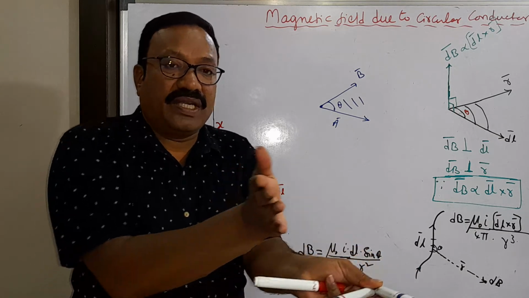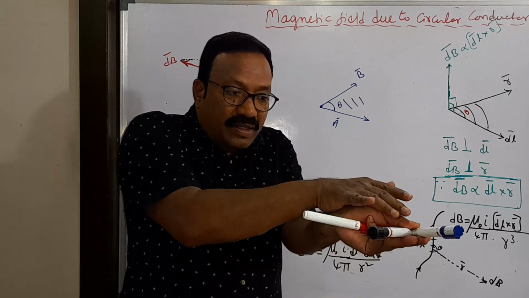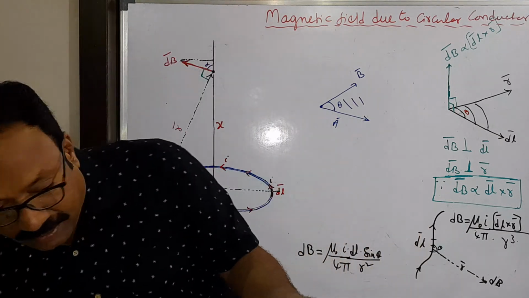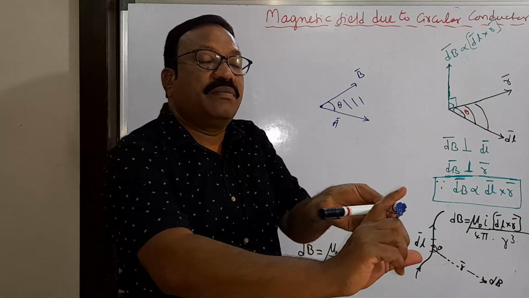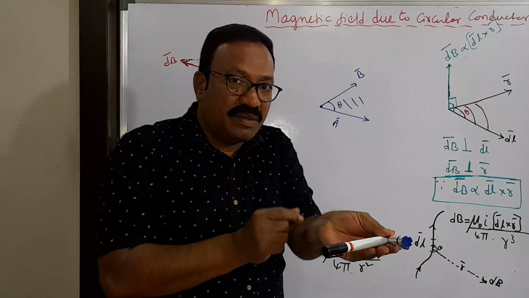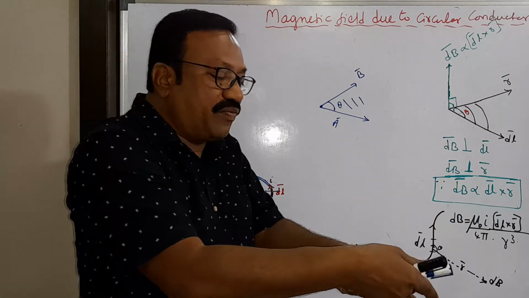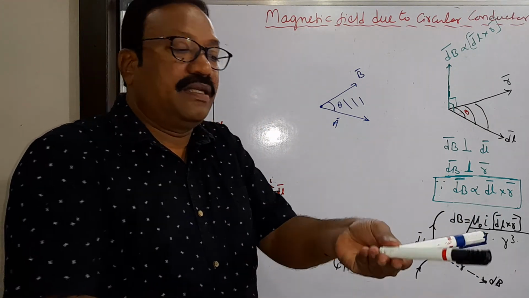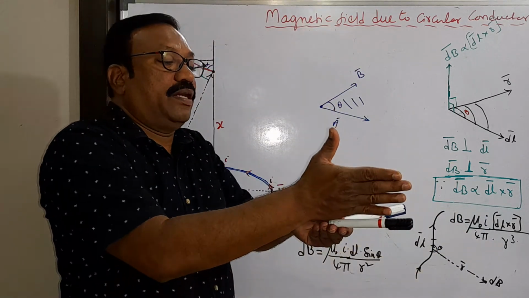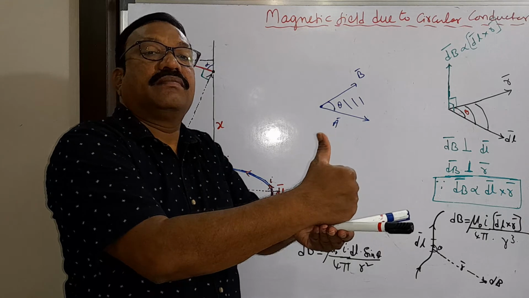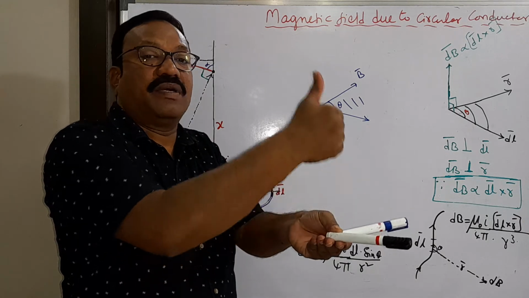You have to take a right hand. If this is A bar and this is B bar, you want to find A bar cross B bar. So move your fingers from A to B with the right hand. This is the direction of A bar cross B bar.